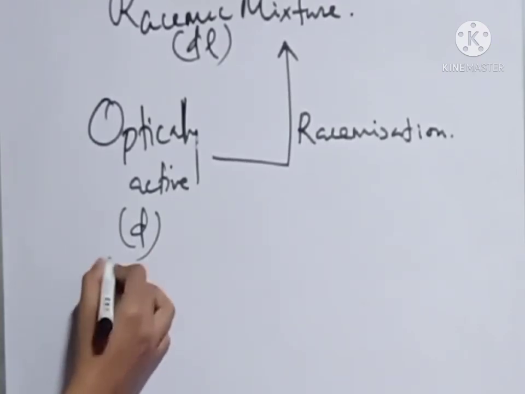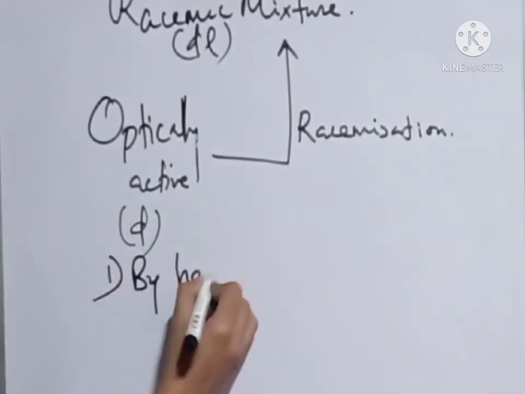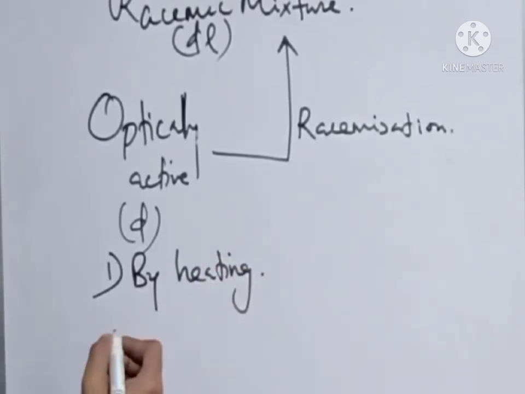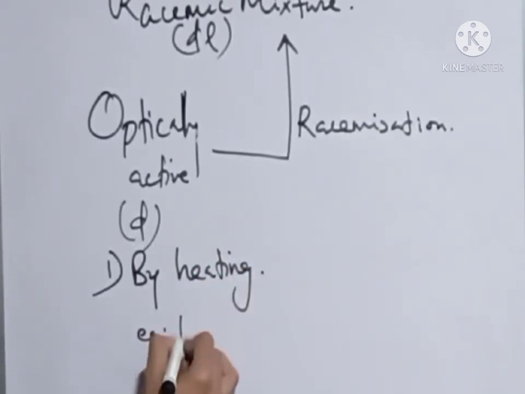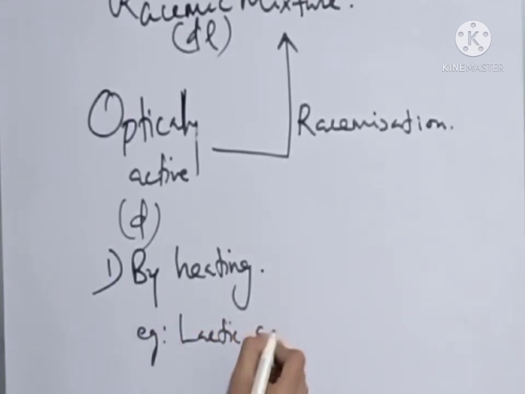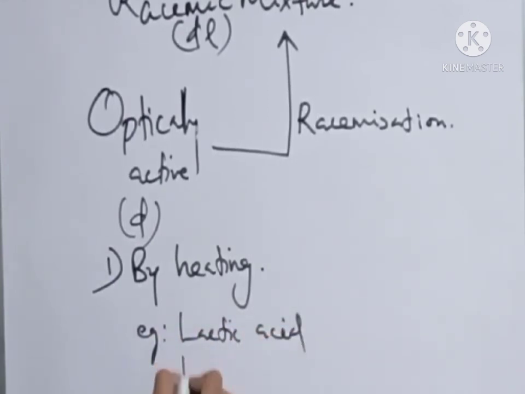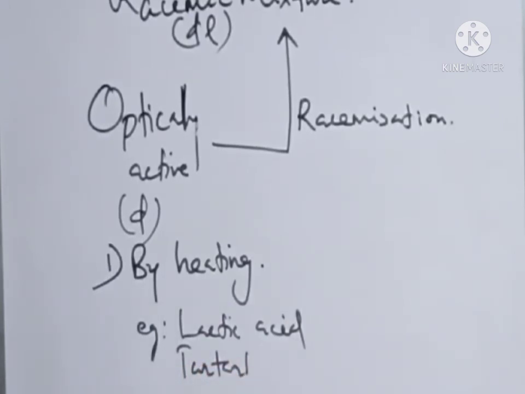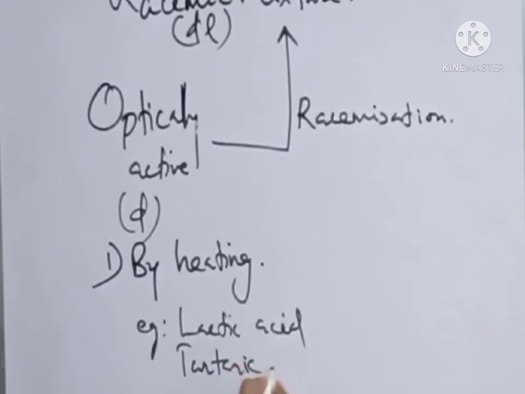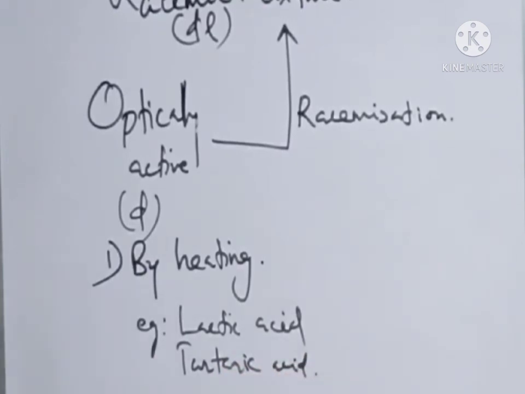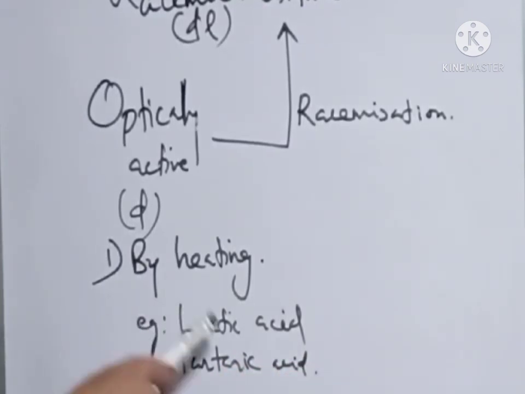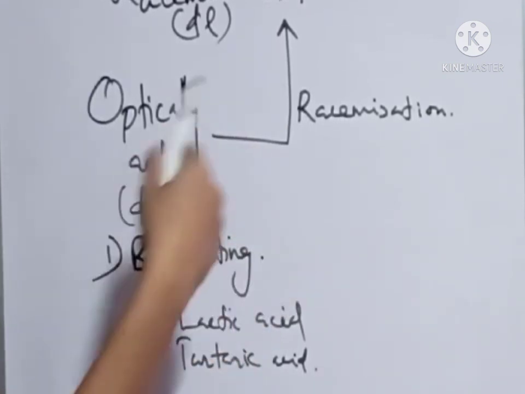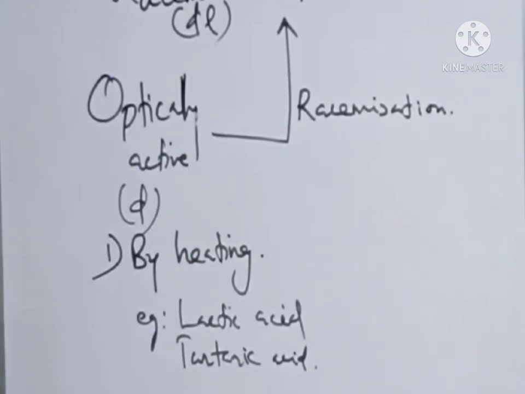So first one, by heating. This normally occurs in lactic acid. Tartaric acid is also an example. So when a D or L form of lactic acid or tartaric acid is heated, it is converted to its racemic mixture.